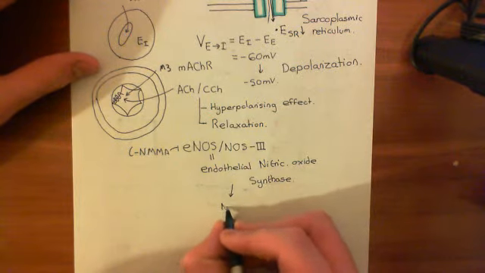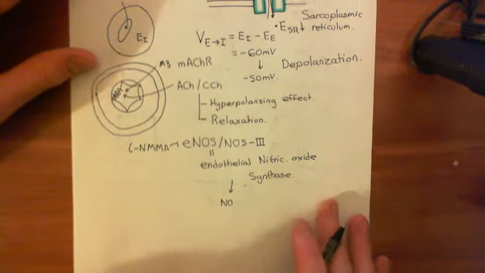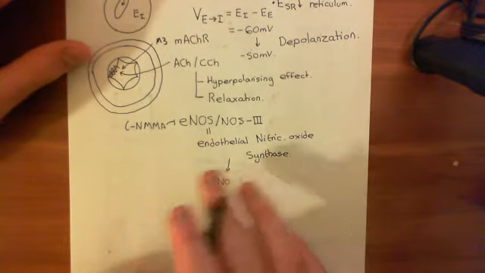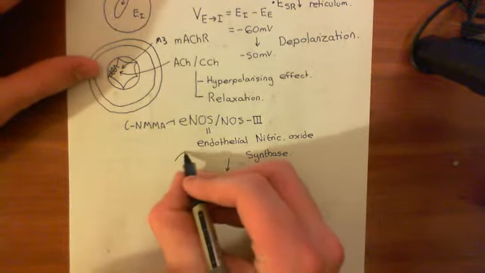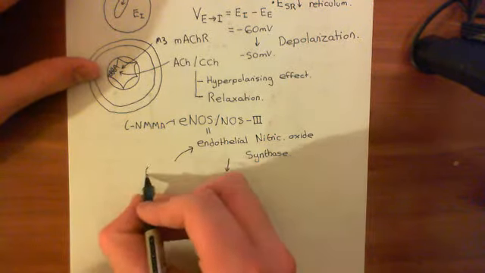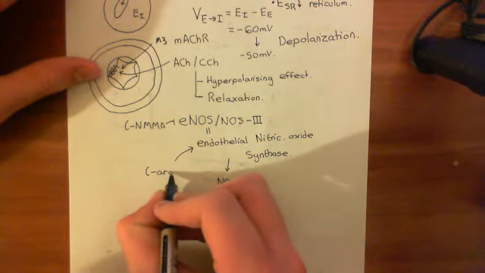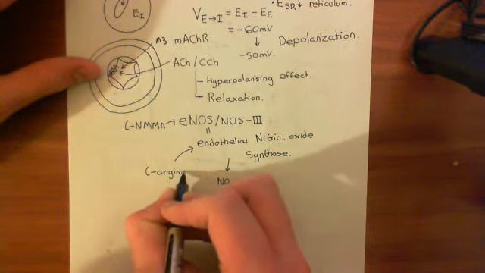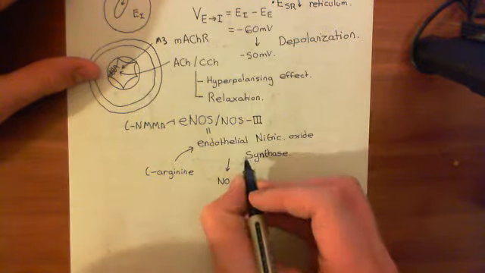Okay, so the substrate for the production of nitric oxide is the amino acid L-arginine. And this is the basis of the inhibitors of this enzyme.